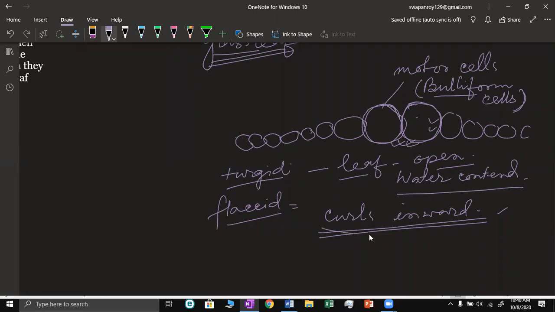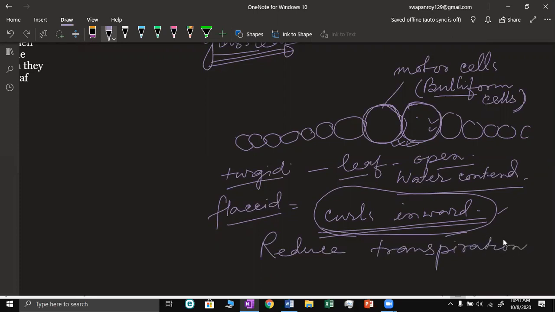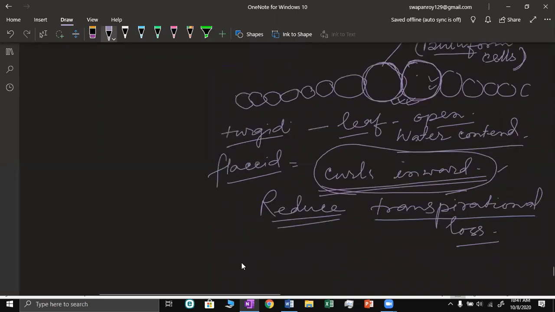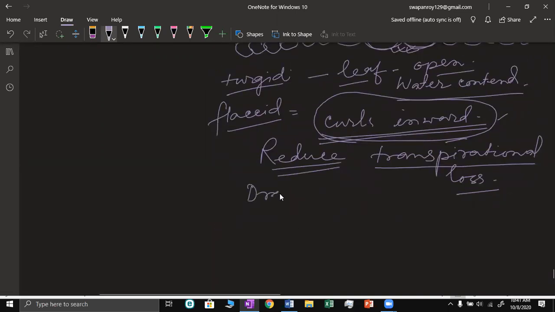So due to this, the exposed surface of the leaf is decreased, and this reduces transpirational loss. So this is an adaptation against drought condition, that is, against water stress.